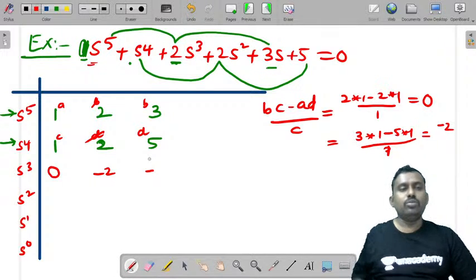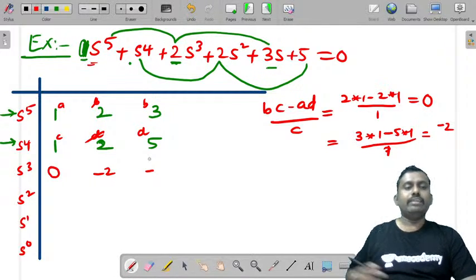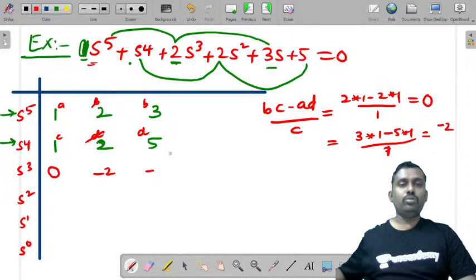When there are all zero elements in a row, we have solved it by taking an auxiliary equation, considering the row above this row, and that we have done.